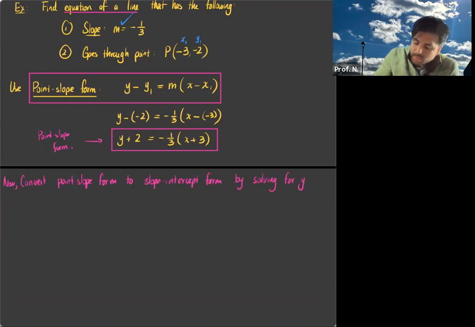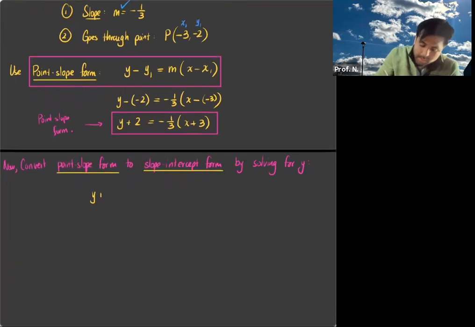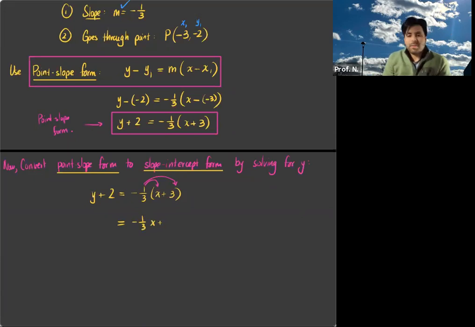And when I say solving for y, I mean get y by itself. So what do I have? I got y plus 2 equals negative 1/3 x plus 3. So I want to get y by itself. The first thing is I still have to take care of this parentheses. So I get negative 1/3 x plus negative 1/3 times 3 becomes minus 1.